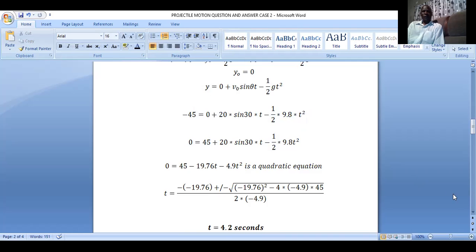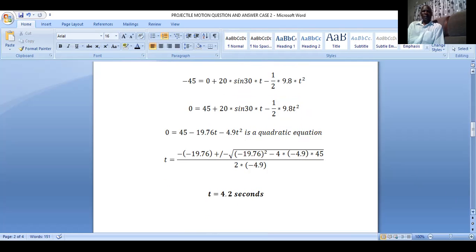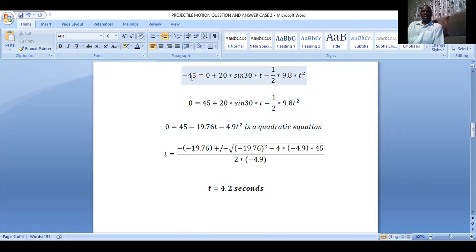And so what we have developed here is a quadratic equation. So we can take this negative 45, this side becomes positive. So we have come up with a quadratic equation, and we know how to solve equations using the quadratic formula. So this becomes minus b plus or minus the square root of b squared minus 4ac, over 2a. And so you substitute here where there is b, minus 19.76.